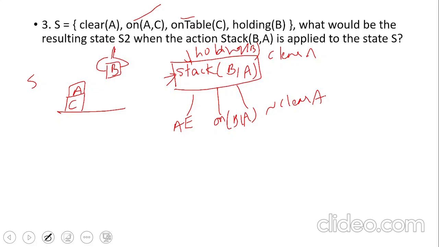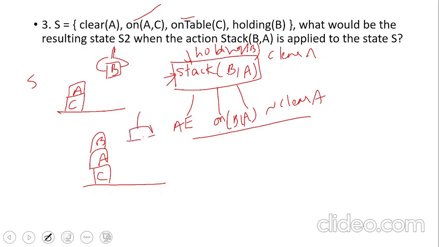If I perform it, what effects do I get? B will go and be kept here. The arm is empty, we are not having anything on the arm. A is not clear anymore, as A has B on top of it. This is our new state.